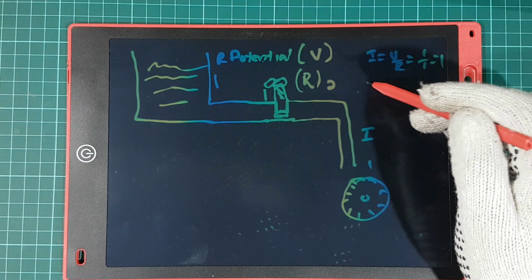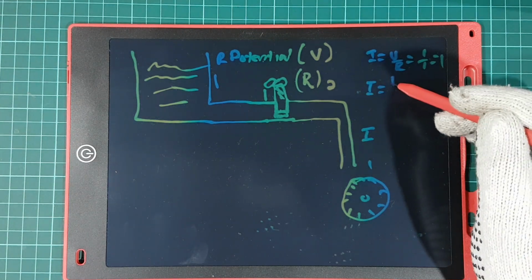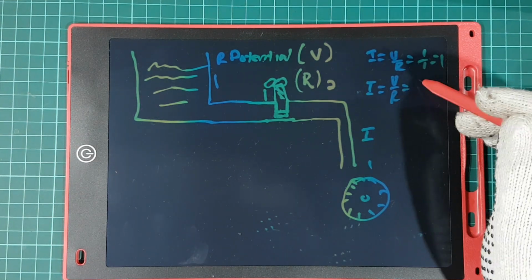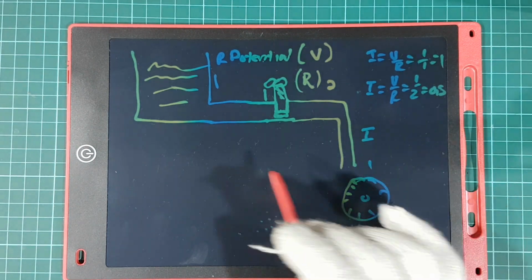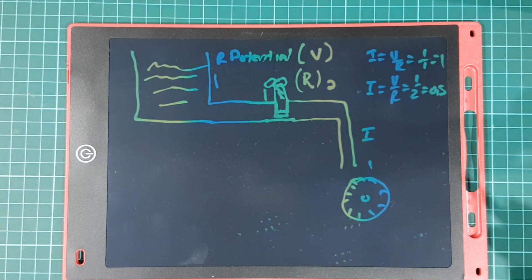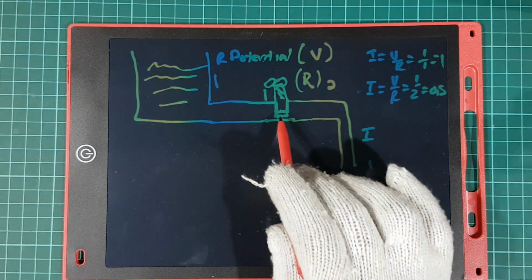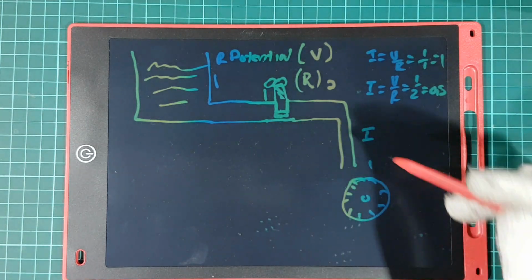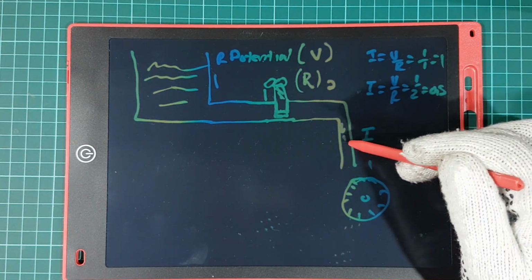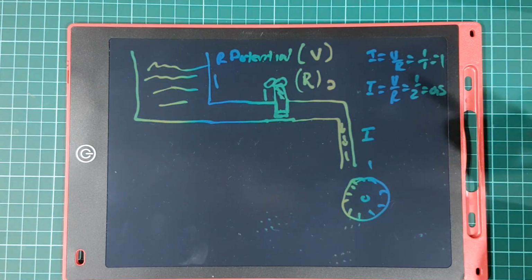So now to calculate our flow, I will then be V divided by R, which is 1 divided by 2, which is 0.5. So they're saying that half the water will go through, which is common sense. If you halve the gap, you halve the amount of water that goes through, which will halve our current or our speed coming out here, which is basically common sense.